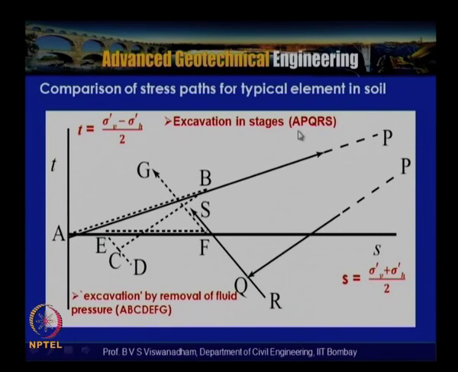Excavation in stages, which is close to the prototype, goes APQ, QR and RS. That is the stress path which is taken in the field. But if you are removing the fluid, then it takes A, B, then C, D, and E, F, and F, G, in this direction.